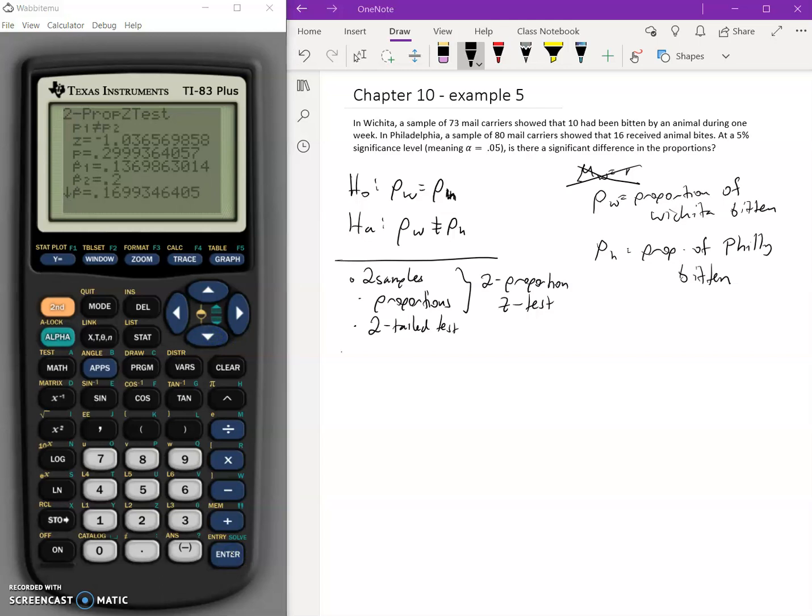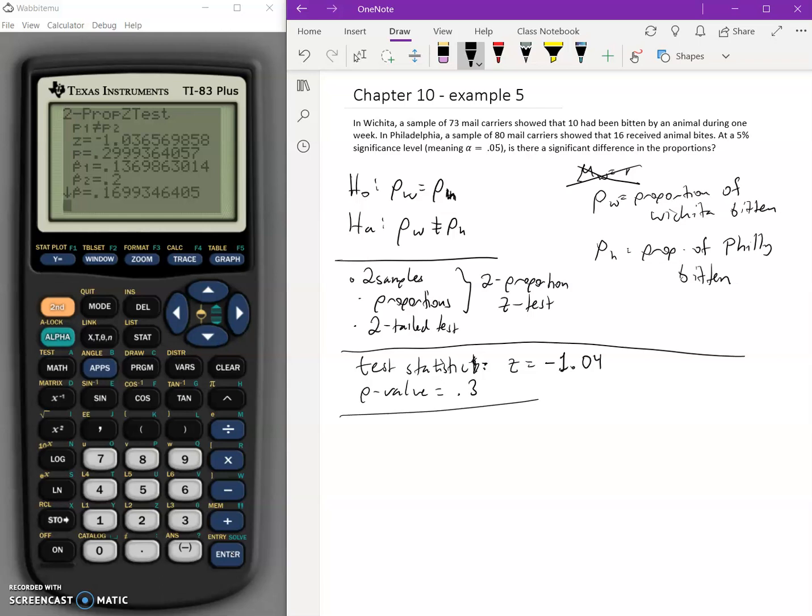So what I find is that my test statistic is going to be equal to z is negative 1.04 and my p-value is equal to 0.3.